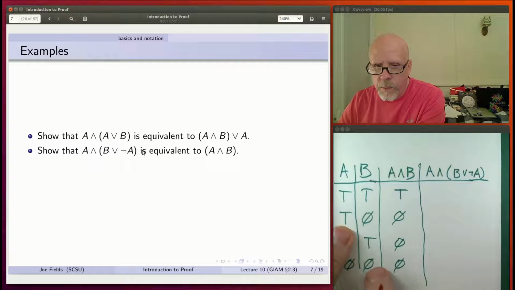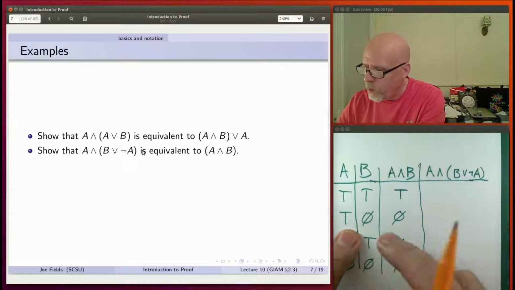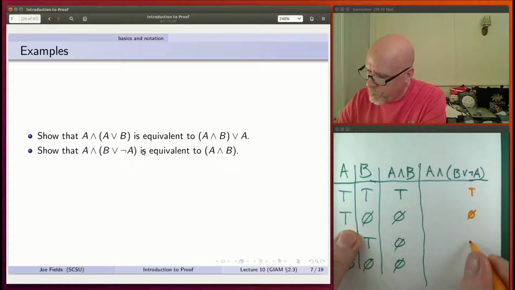It could have been B false, but that's the usual place where the or sentence is false. So yeah, this makes sense. See that in row 2, B is false, A is true, so not A is false. False or false gets us false out here. And everybody else is true.